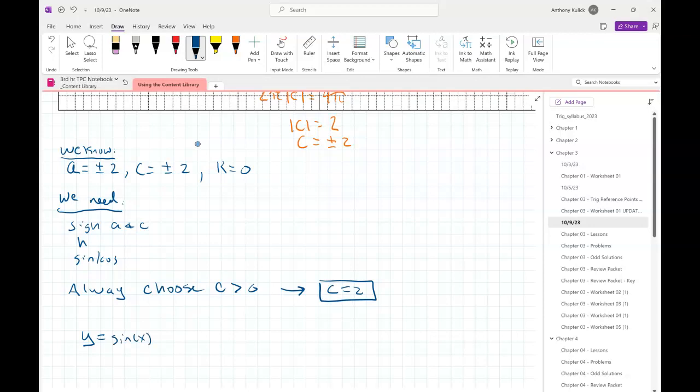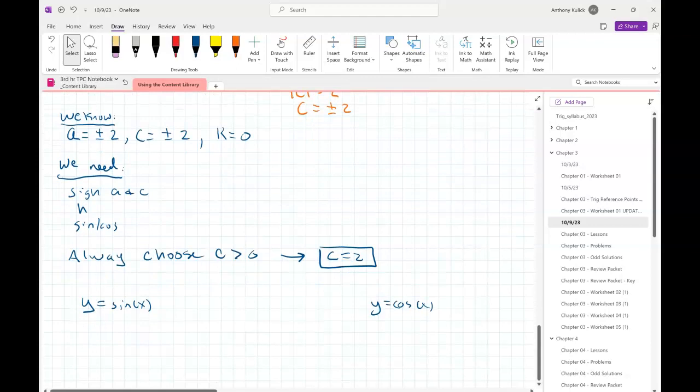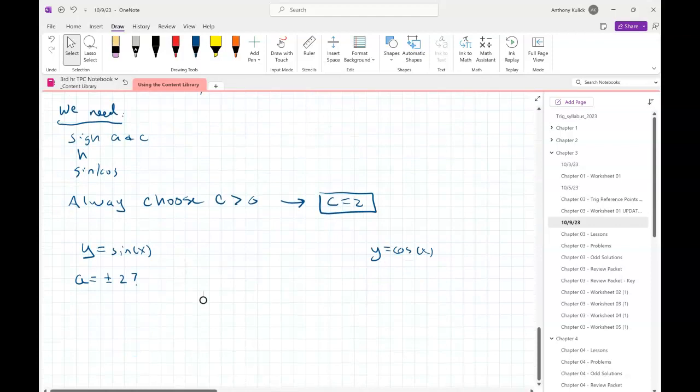So we'll do one as a sine function and one as a cosine function. Okay. First thing I need to do is decide whether the A should be positive or negative. So I'm going to go back and remember what the parent function for sine looked like.